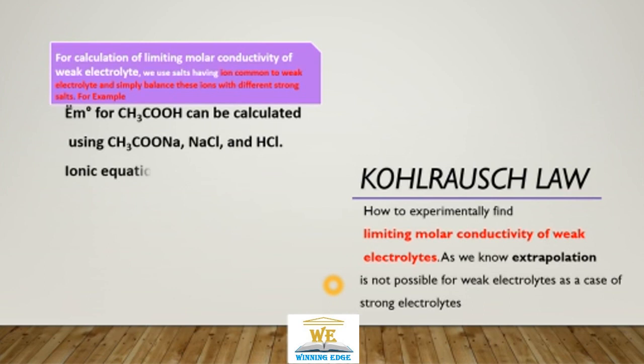So how to find the limiting molar conductivity of weak electrolytes? That is by using their salts like sodium acetate, sodium chloride and HCl. If we write the ionic equation for acetic acid, it will be sodium acetate plus HCl minus sodium chloride. These all are strong salts having a better dissociation than acetic acid, and we know the linear plots for all of these.